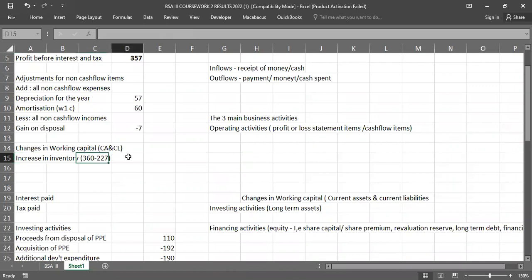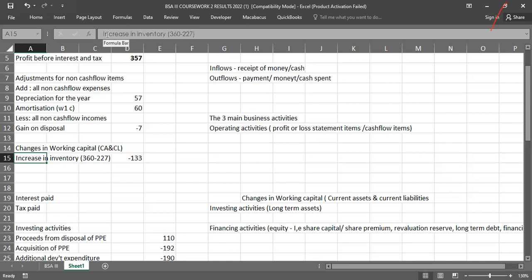Okay, so we go back to where we are. We're saying this 360 minus 227. Now, an increase in a current asset is an outflow. Why? Because either you spent on the goods, and therefore that's why they're increasing, or alternatively, you decided not to sell.